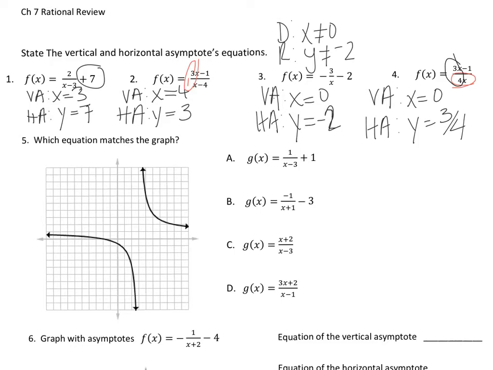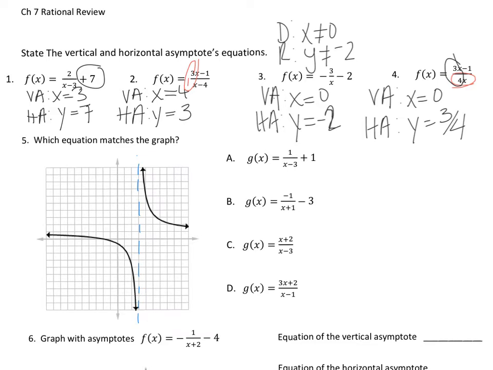So number 5 is asking us what equation matches the graph. So let's look at this and find where we think our asymptotes are. When I look at this, let's find our vertical asymptote. It looks like the lines are getting really close to this x equals positive 3.